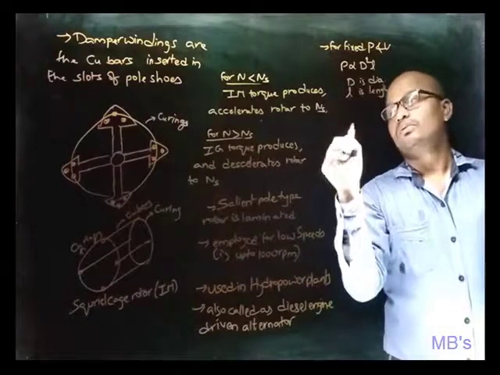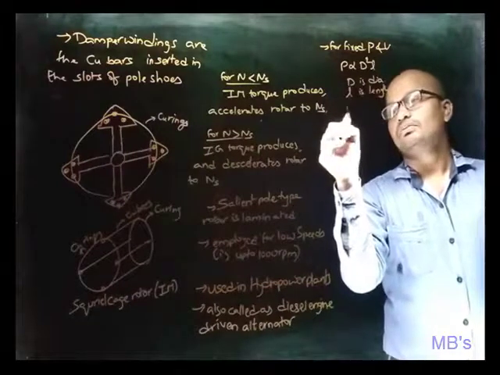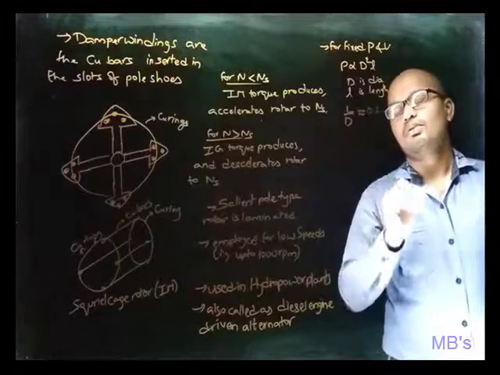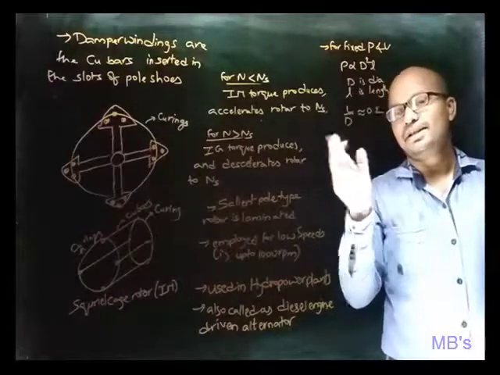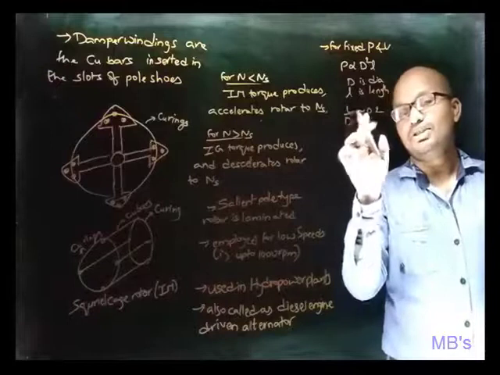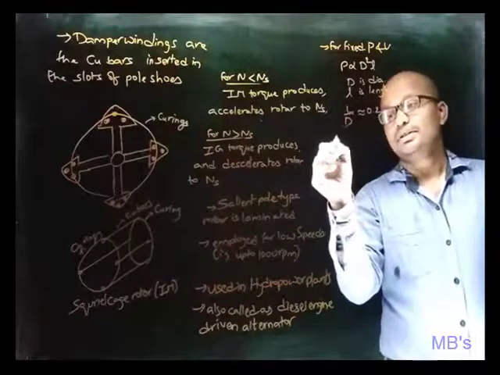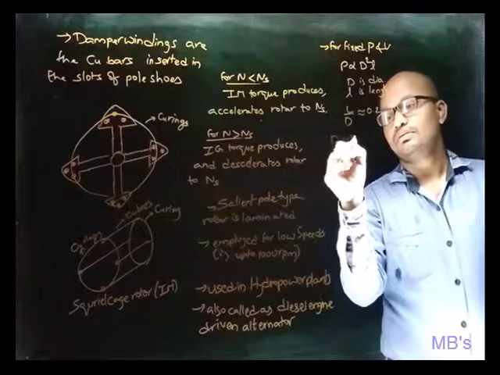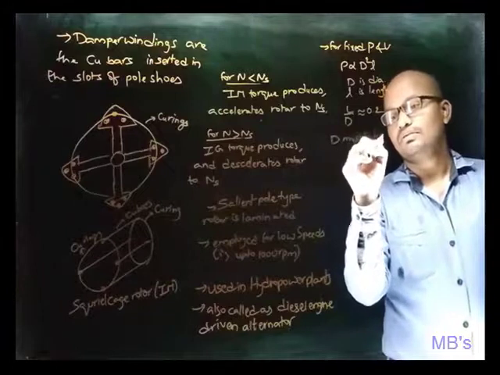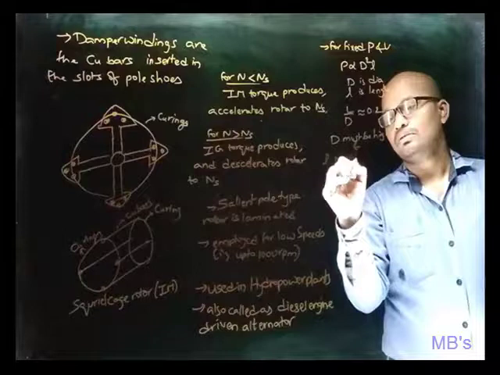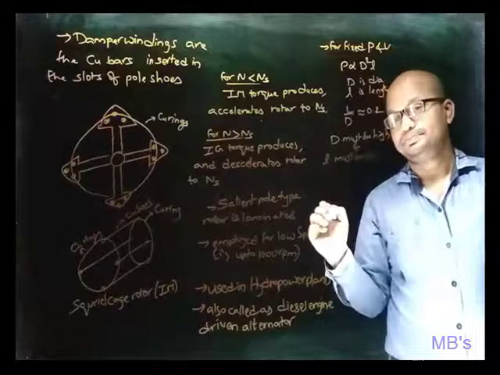So the L by D ratio must be 0.2. From the design consideration point of view, L by D ratio must be 0.2, which means for lower speeds, D must be high and L must be low.